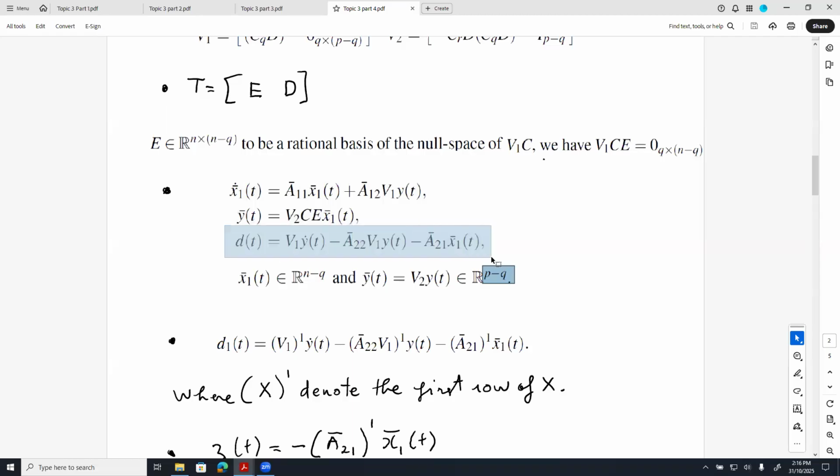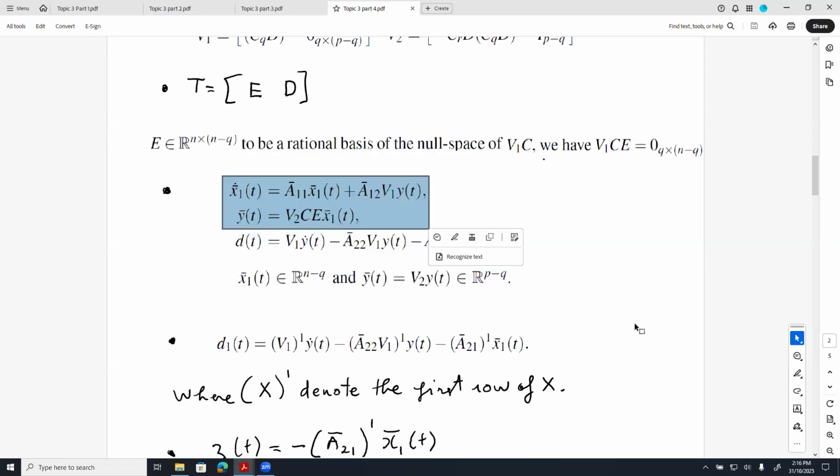Okay. Now, when we look at this unknown input expressed in its own entirety, we can see that it's actually containing q output differentiators. And it's also a linear combination of the stack vector, which is this reduced order system.